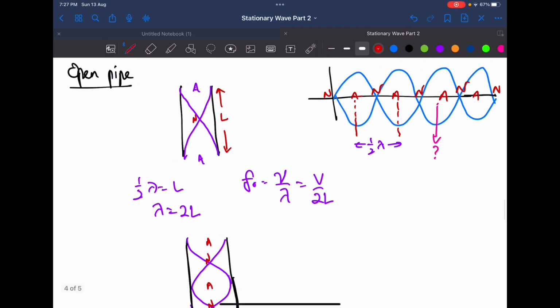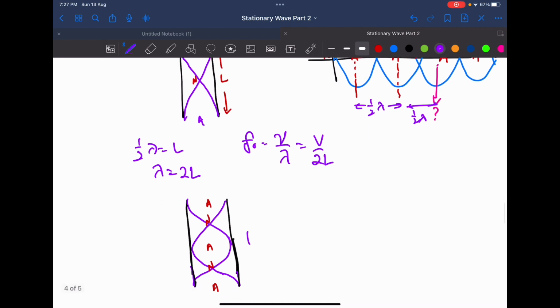We have another half a lambda. So in this case lambda equals L. So F1 is V over lambda, so V over L. So this will be again the same thing like we did for the string.